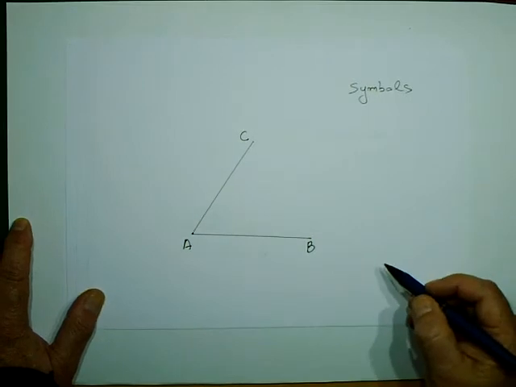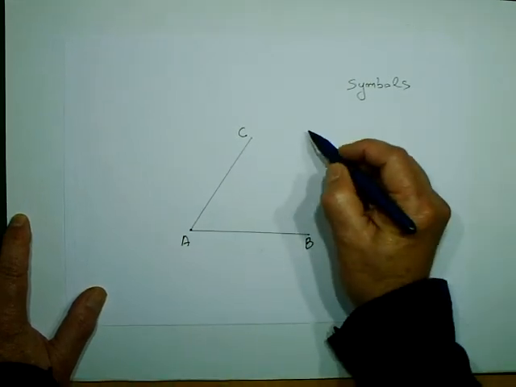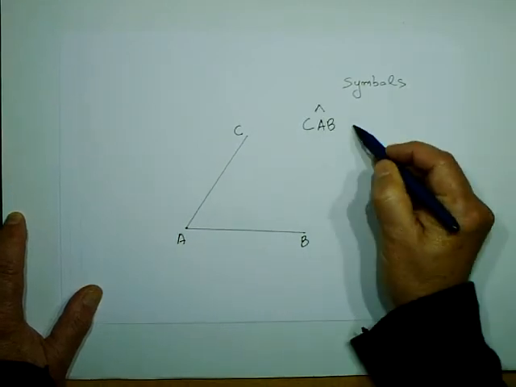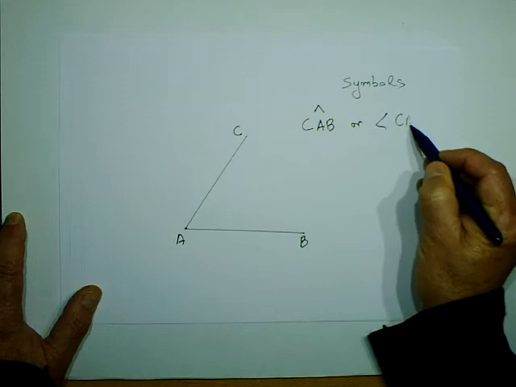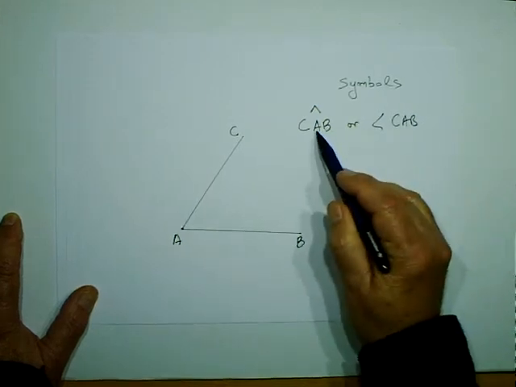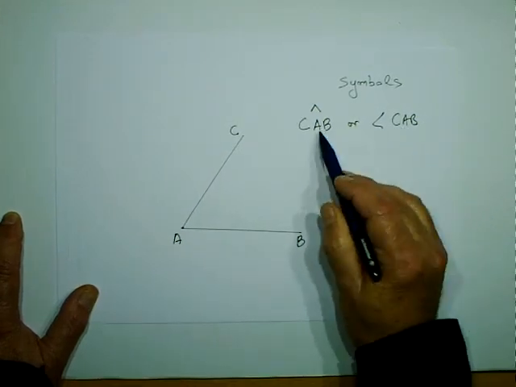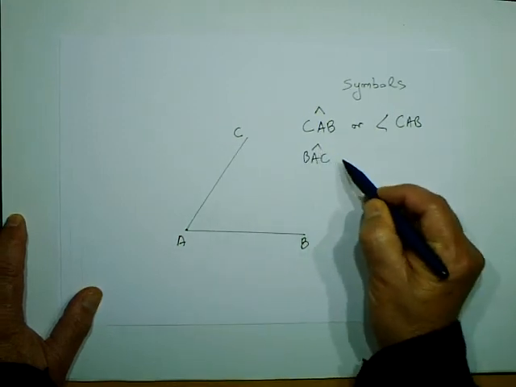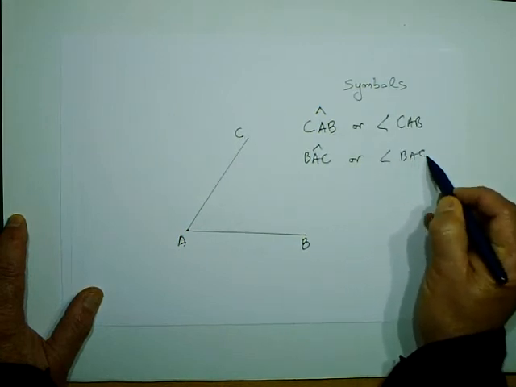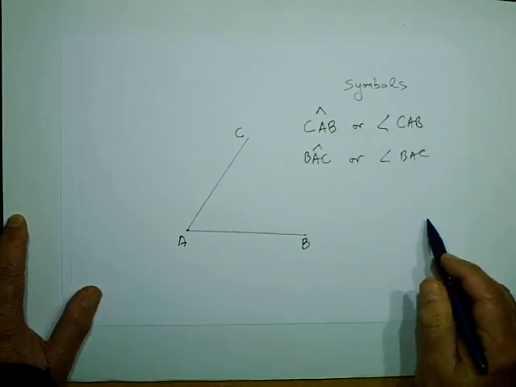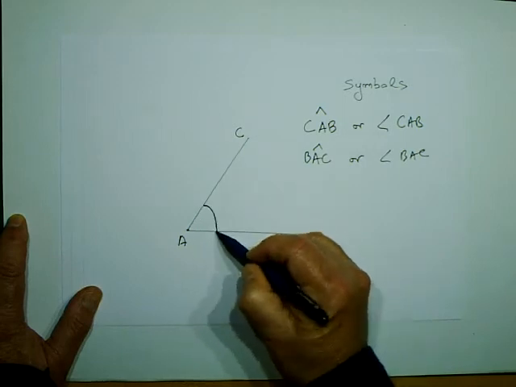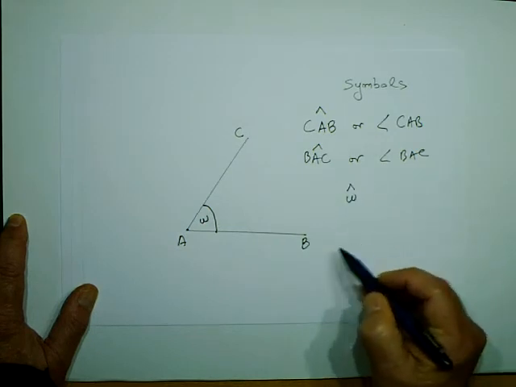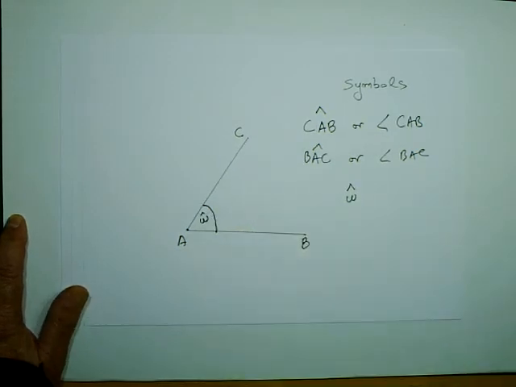So we can refer to this angle symbolically as angle CAB. In the middle, you always put the vertex. Or you can call it angle BAC. It's the same thing. Sometimes we can use small letters, usually Greek letters. We say the angle omega here.